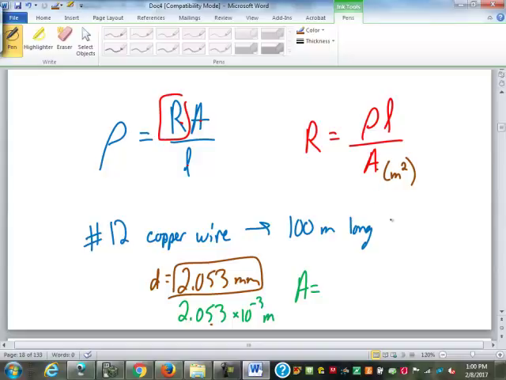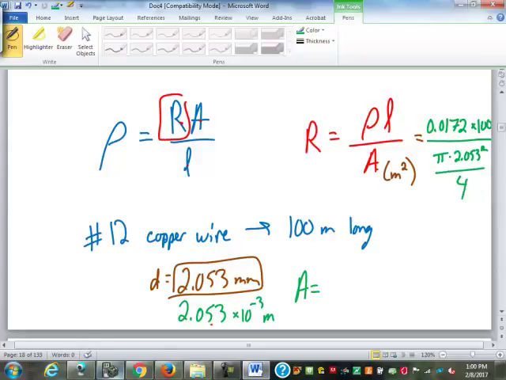So for my resistivity, instead of 0.0172 times 10 to the negative 6, I'm just going to use 0.0172. I'm going to multiply that times my length of 100 meters and divide that by my area, which is pi times 2.053 squared over 4.